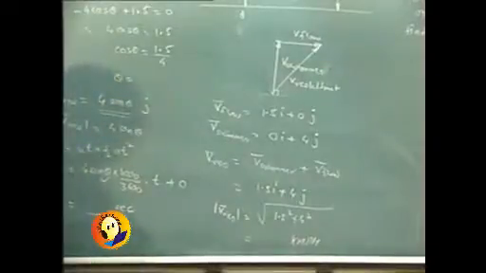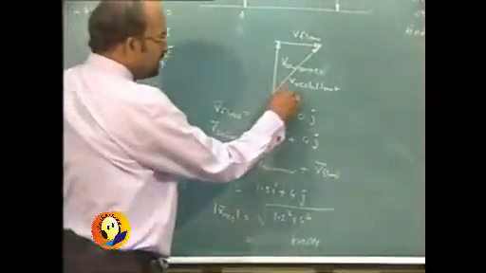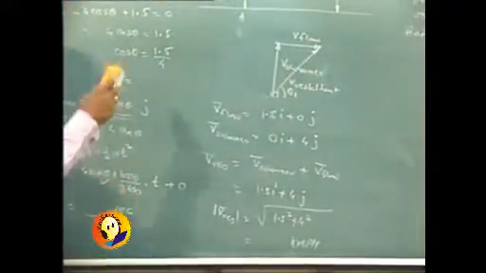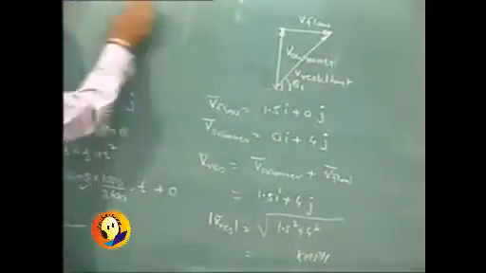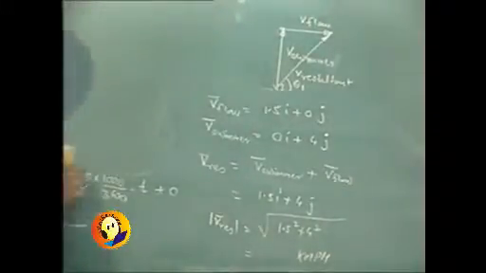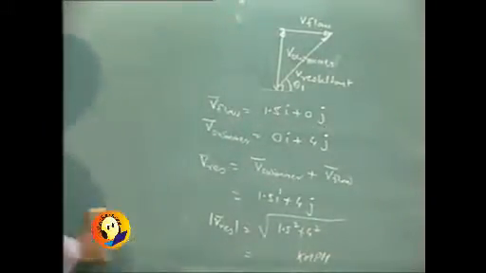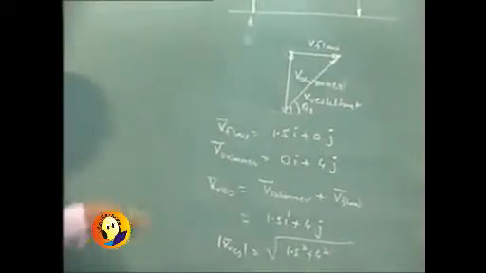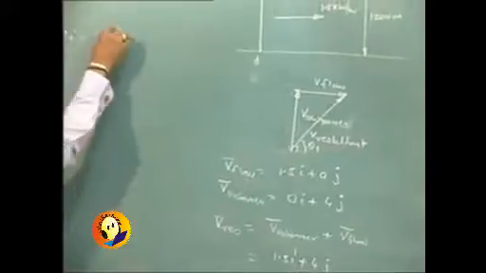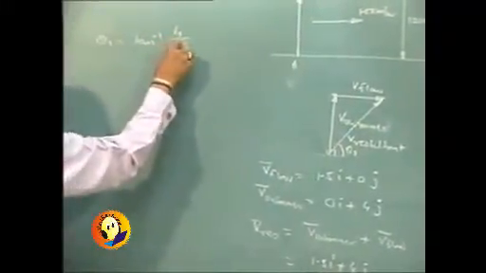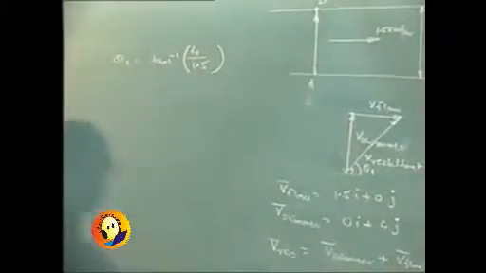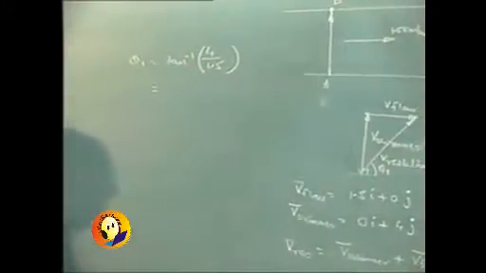Of course, angle theta, now in this case let me call this as theta 1, can also be calculated. Angle theta 1 is the direction in which the resultant velocity is working. So theta 1 will be simply tan inverse of 4 upon 1.5. It is J component upon I component. So even theta 1 can be calculated.